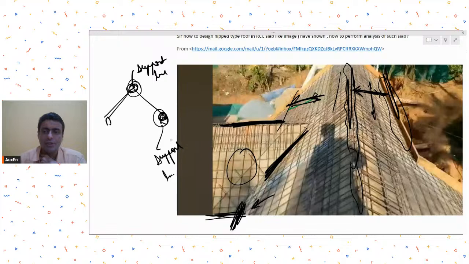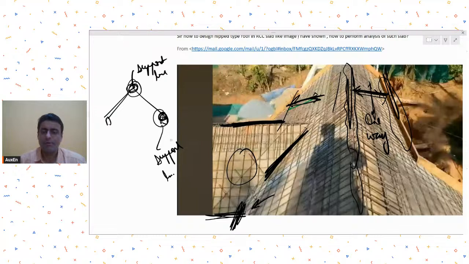This is what I usually do. Assume one-way behavior and then find the moments. Once you assume one-way behavior, it is easy. You can assume some approximate moments, and you can refer to IS 456 for them.